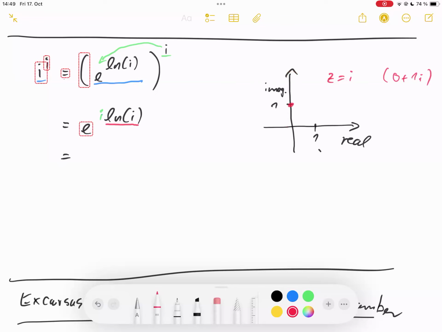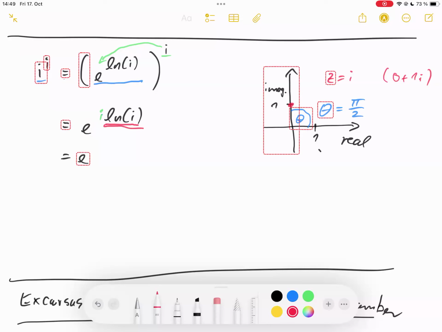Now I need to think about this angle, theta. What is that angle? 90 degrees, yes, or pi half. So theta is pi half. Now, this is our interesting part, the ln of i.